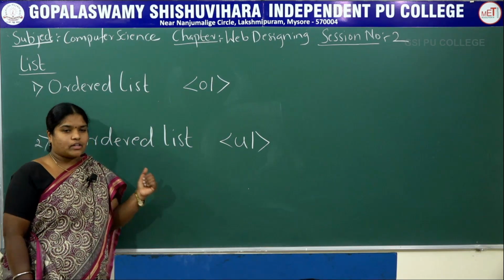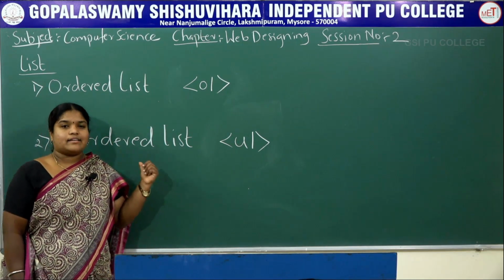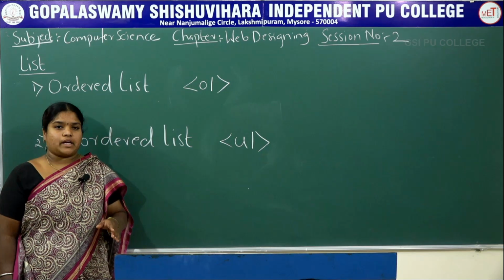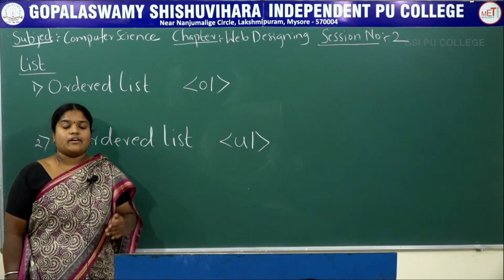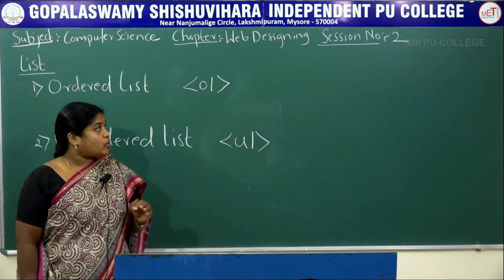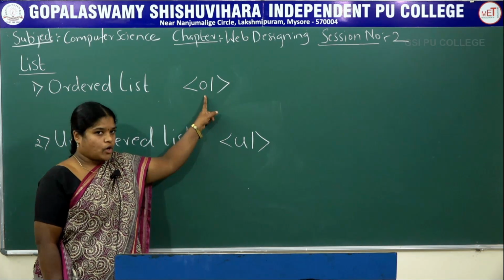As you people know, what are the two types of list? The first one is ordered list and the second one is unordered list. If the list is displayed using different types of numbers, alphabets and Roman numbers, then it is called as ordered list. For ordered list we use the tag OL. OL stands for ordered list.